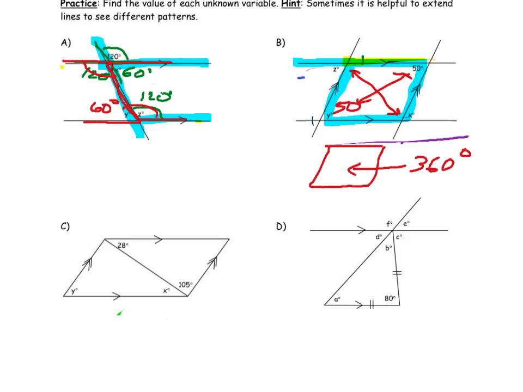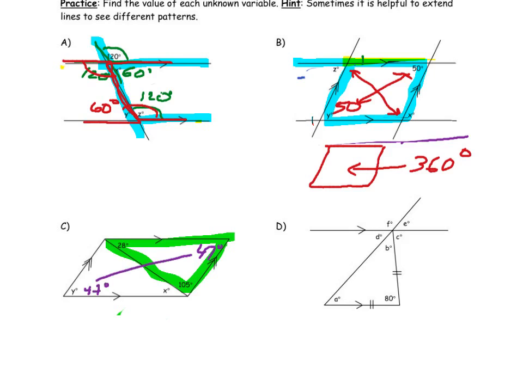So perhaps you see this triangle. And you know that the third corner has to equal 180 minus the sum of 28 plus 105, which makes it 47 degrees. Perhaps you could then say, well, that 47, then angle Y must also equal 47.